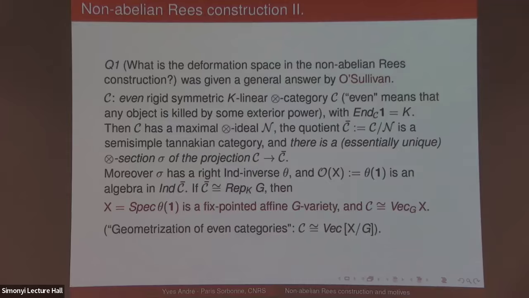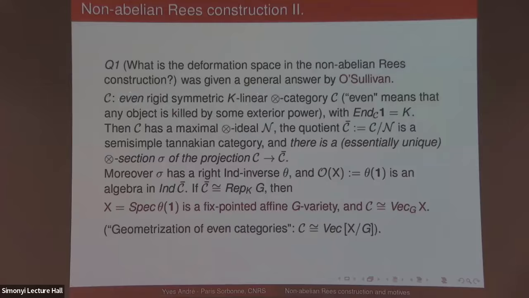One starts with a tensor category, called C here, which has nice properties. It is a K-linear symmetric tensor category, which means that every object has a dual, and it's moreover even. Even is not standard terminology, but it means that any object is killed by some exterior power.